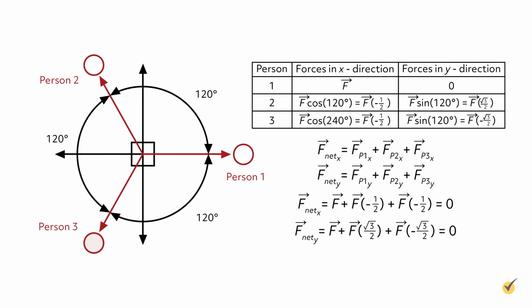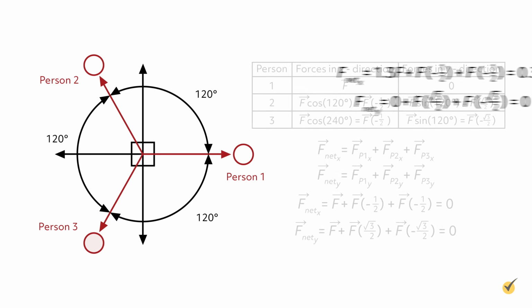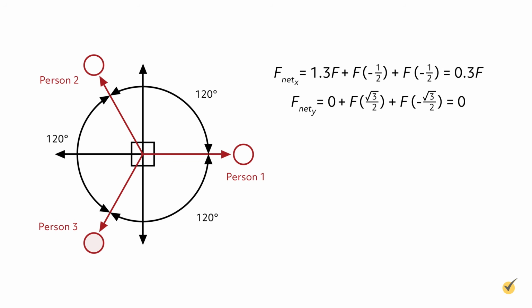If we state Newton's laws for the three forces, we can see that Newton's first law holds. Let's say that the person aligned with the x-axis impulsively pulls with a force 1.3 times the force of the others. Using Newton's second law, we can calculate the acceleration of the center and the two people on the left. Let's assume that each person has the same mass of 50 kilograms and the rope has negligible mass. The mass of the system is then 150 kilograms.